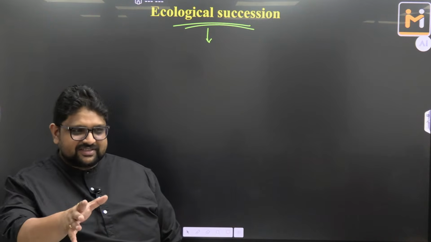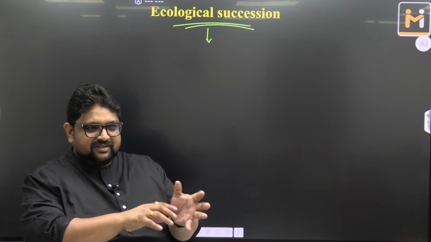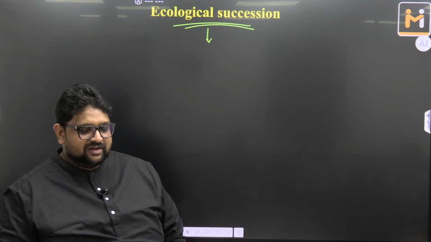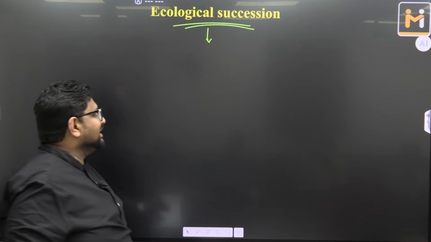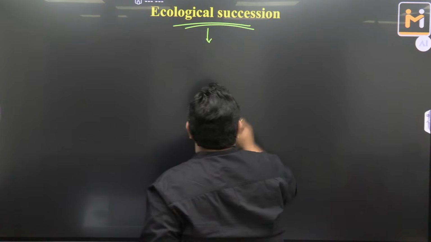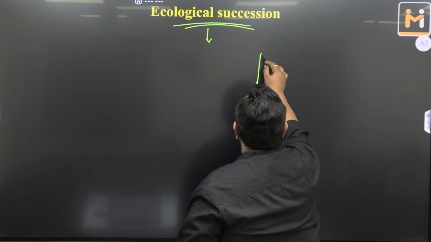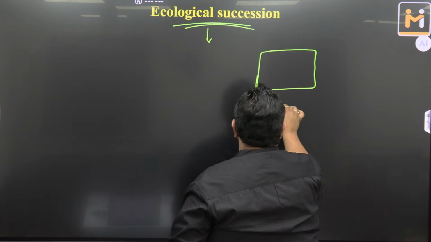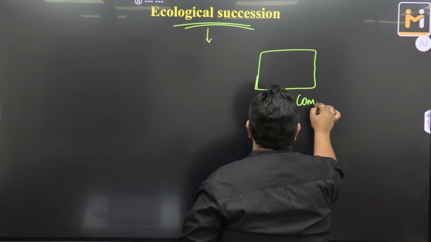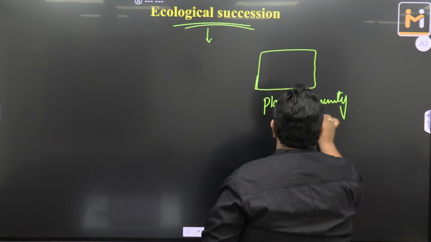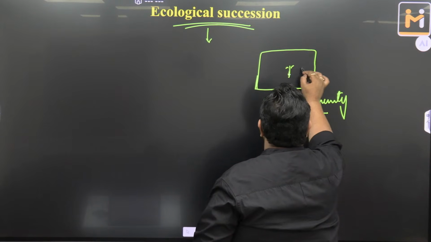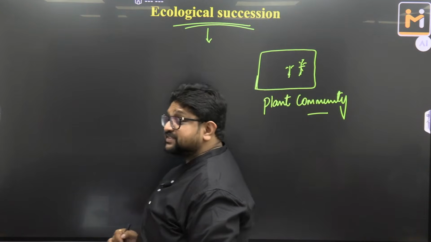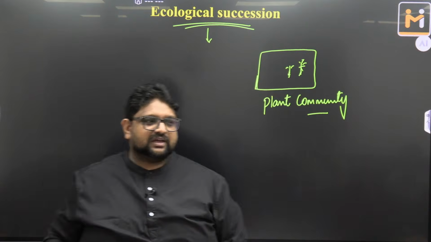So I understood what is succession. One person is there, some other will come replacing him or her. Now, in ecology, if you take a community, especially a plant community, the presence of a particular plant will lead to a lot of changes in that environment.